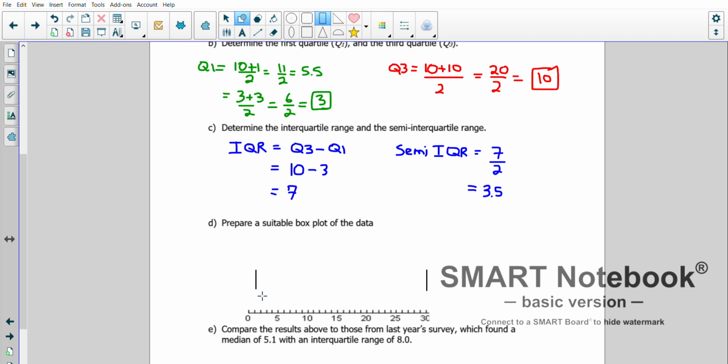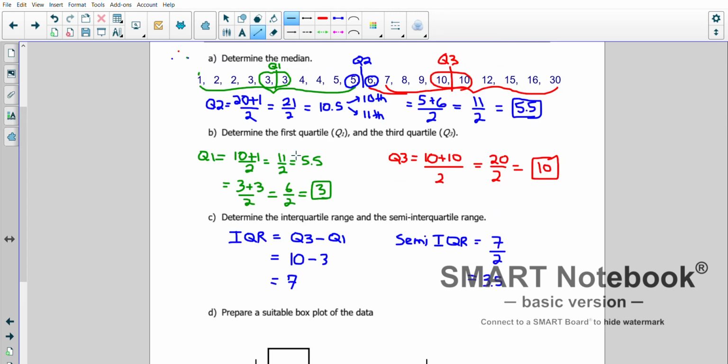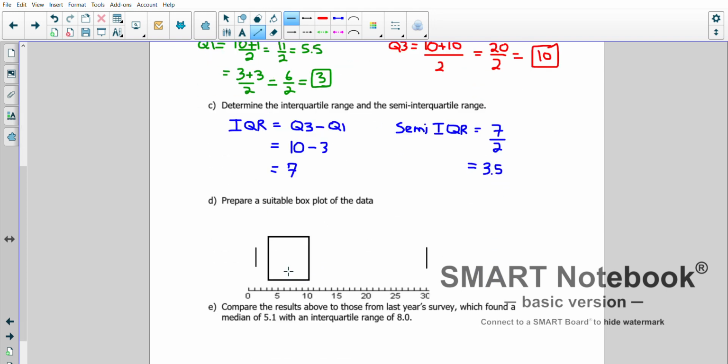So I will go ahead and do that. There's 1, 2, 3, approximately right there. I'm going to go to 10. And then there's going to be another line in the box for the median, which is 5.5.